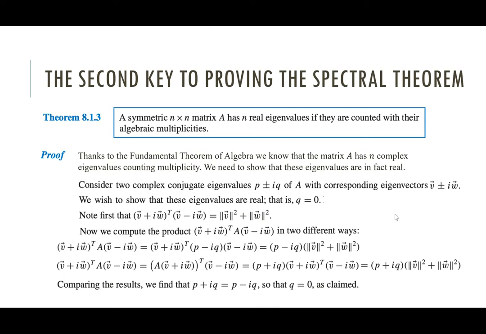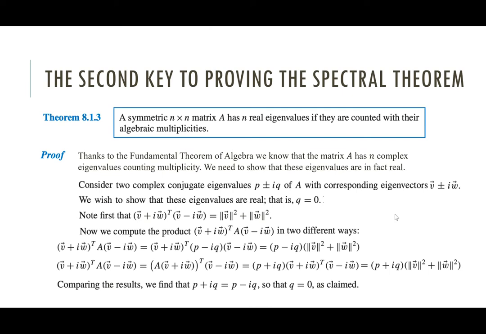Because if that happens, then we'll have n linearly independent eigenvectors, and then we can use Gram-Schmidt to find orthonormal bases for the eigenspaces, and then the eigenspaces are orthogonal to each other, and we are good.